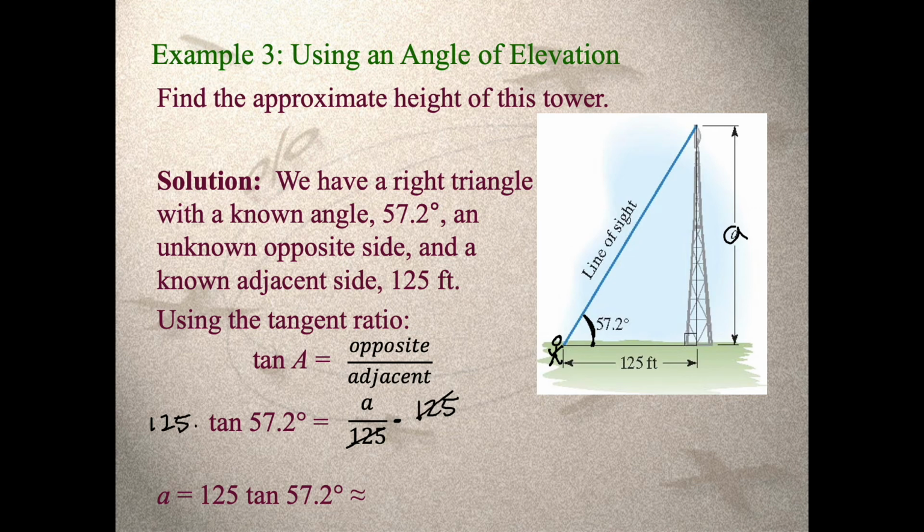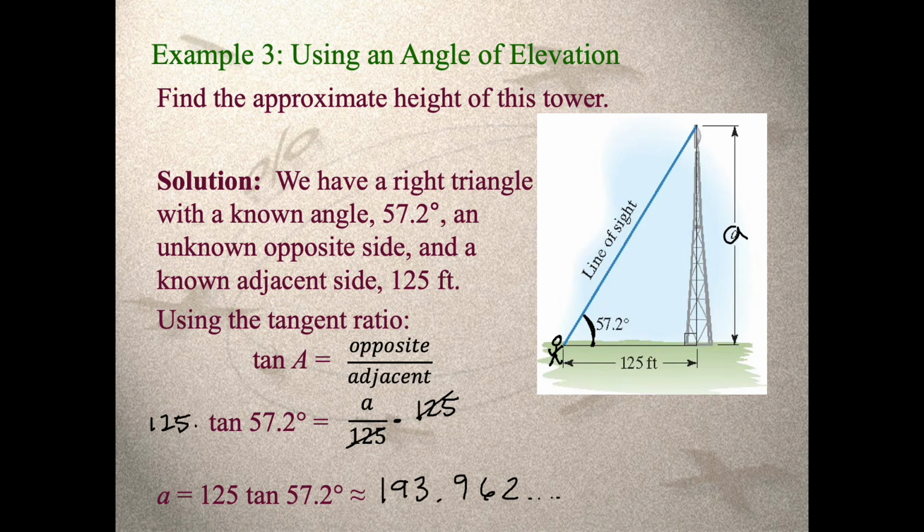So remember, you want to type 125 first, the tan button, then 57.2, and then hit equals. And that gives you, in your calculator, you should see 193.962, and so on. It goes on forever.